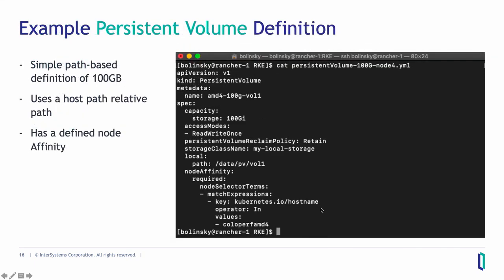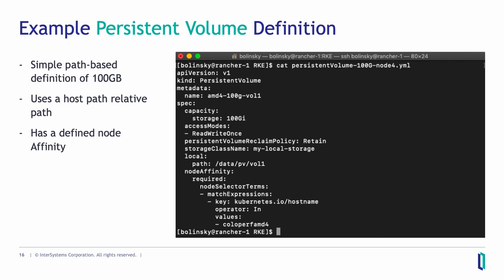In this example, I defined a simple 100 gigabyte volume with an access mode of ReadWriteOnce. ReadWriteOnce means that the volume can be mounted as read-write by a single node at a time. This is important for IRIS, as we never want to have multiple pods referencing or mounting a physical volume or a physical volume claim with a stored iris.dat file concurrently.